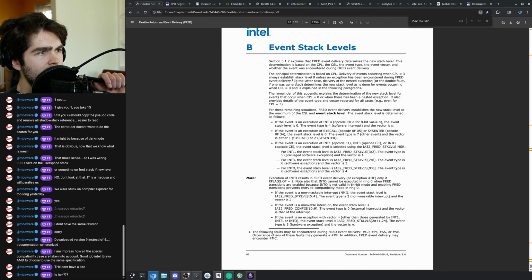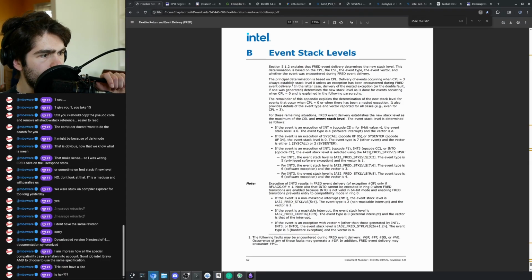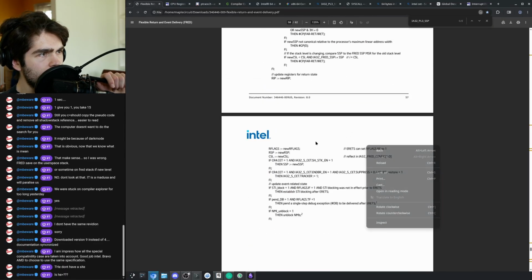In the latter case, delivery of a nested exception, or double fault if one was generated, determines the new stack level, as is done for events occurring when CPL equals 0, as explained by the following paragraph. Okay, so that just explains the exception. I don't care about that. I think we understand this now.